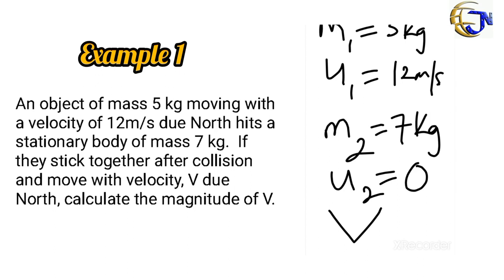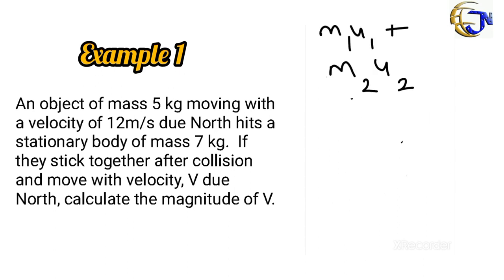So we are going to find the momentum before collision and the momentum after collision. Momentum before collision is equal to momentum after collision. Then we'll get what we are looking for. This is the momentum before collision: M1U1 plus M2U2. That is equal to M1, which is 5, times U1, which is 12.